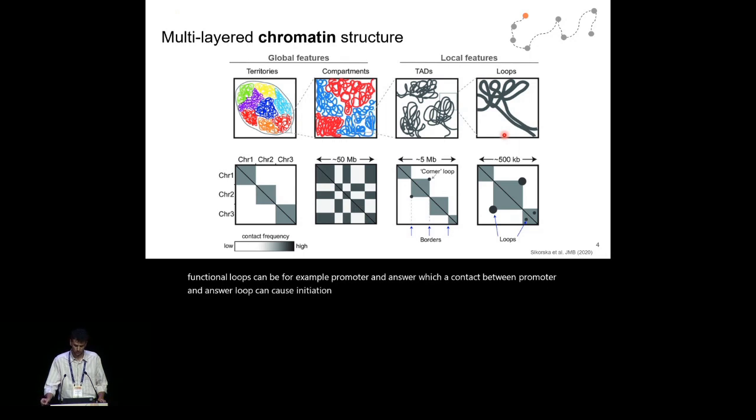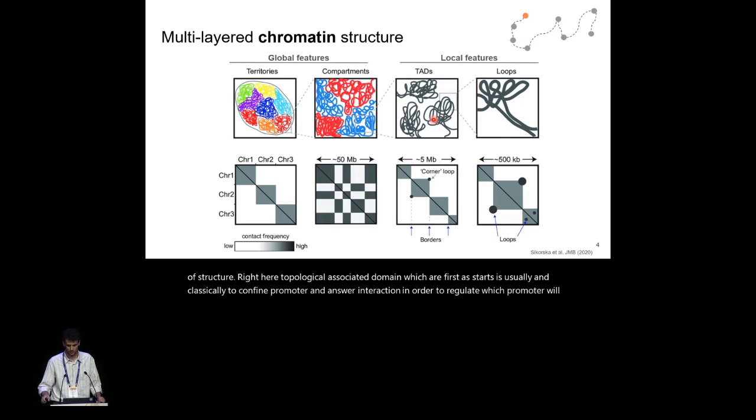And then we have structural loops such as cohesin loops that generate topologically associated domains, which are this kind of structure right here. The role of topologically associated domains, which I refer to as TADs, is usually and classically to confine promoter-enhancer interaction in order to regulate which promoter will bind which enhancer.